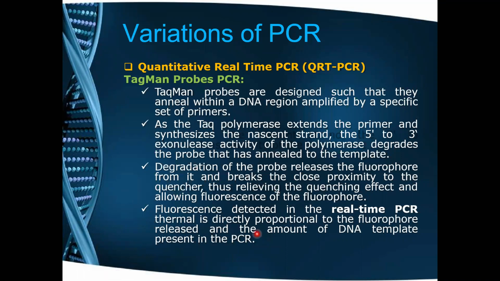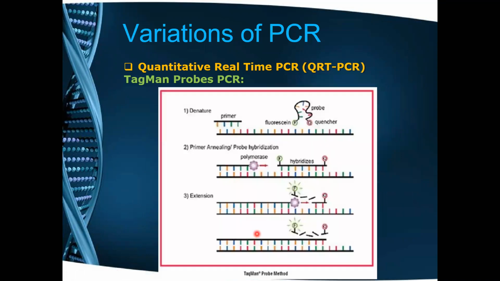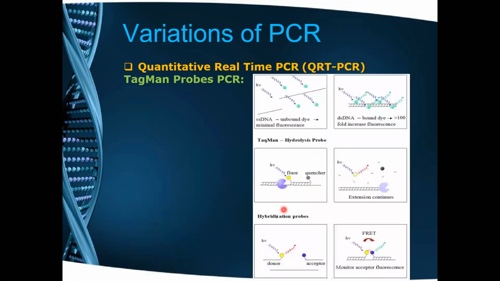That means এটাতে কী বলতে চাইছে, this what is happening in this one, when the fluor and the quencher are together. See, sorry, in this one, when these two are together, then only light is produced, and when they are separated, light is not produced. So to increase the amount of DNA, that means how much amount is totally produced, to regulate that, we have to go for the Taq polymerase.